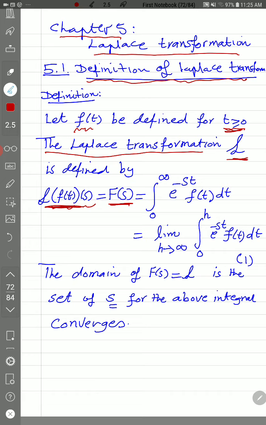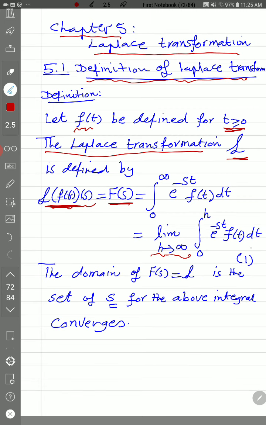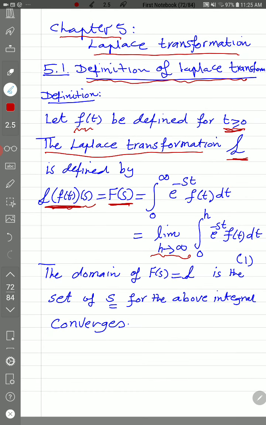As we know from calculus, we can use a limit also, so I put it in terms of a limit, and you need this to be a convergent integral. So this is the definition of the Laplace transform. Notation: usually we use L, or capital F of s, for the Laplace transform.